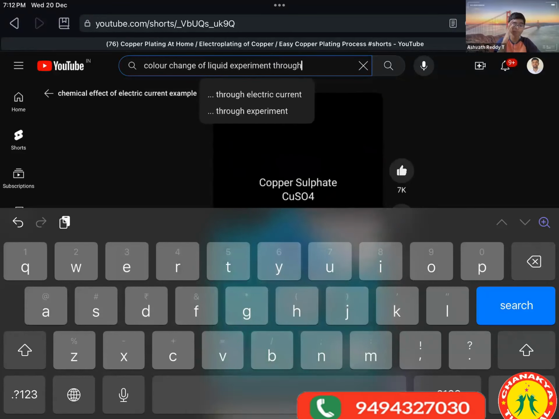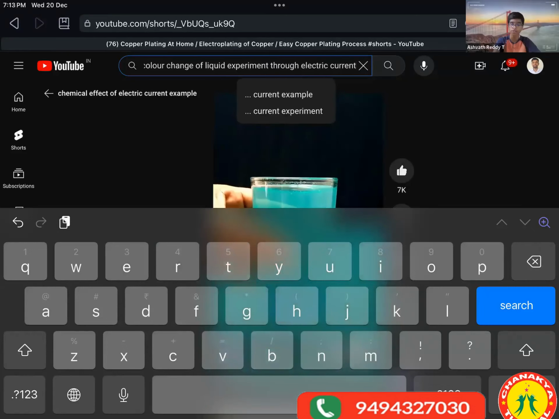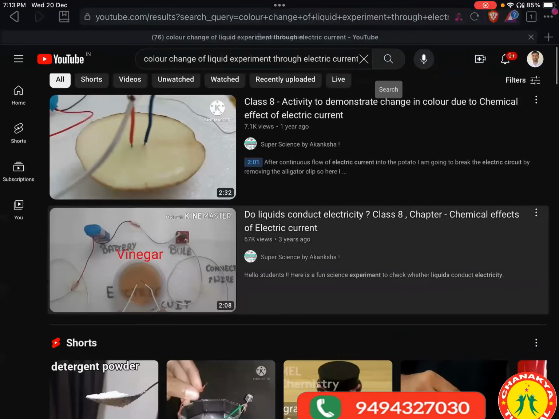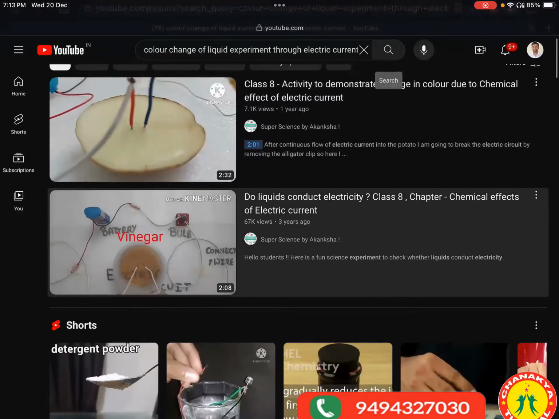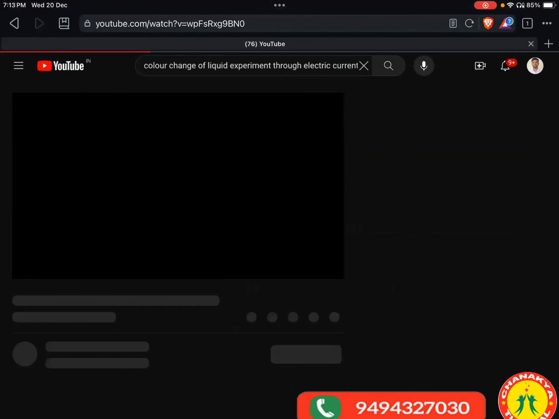If you dip an iron nail in copper sulfate, it will change color. Okay, the one which was there in your class, right?